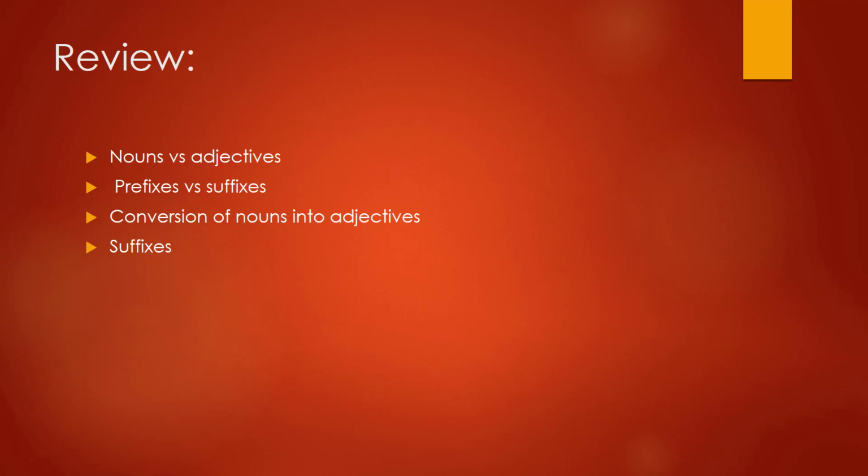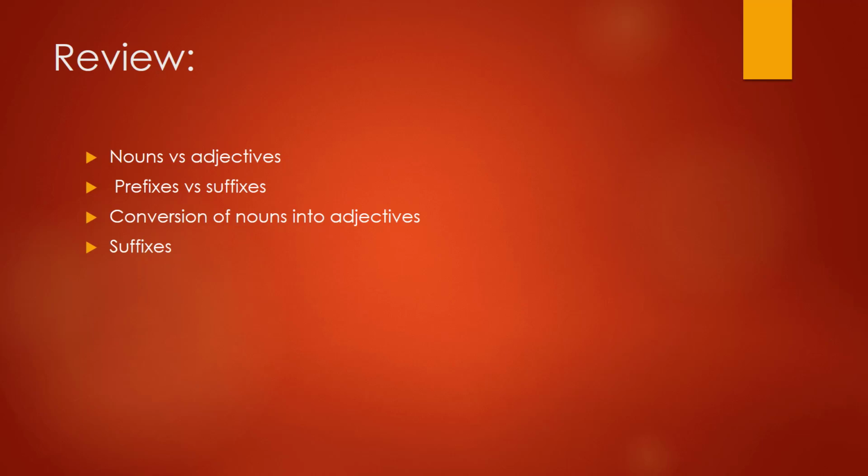Then we discussed the concept of prefix and suffix. We learned that the alphabets that are added before base words are prefix, but the alphabets that are added after the base words are called suffixes. Thirdly, we discussed four techniques to convert nouns into adjectives.